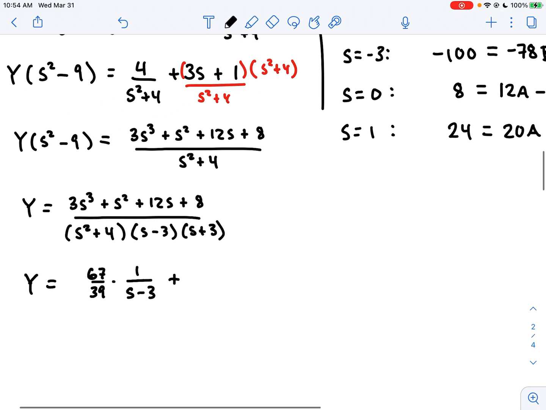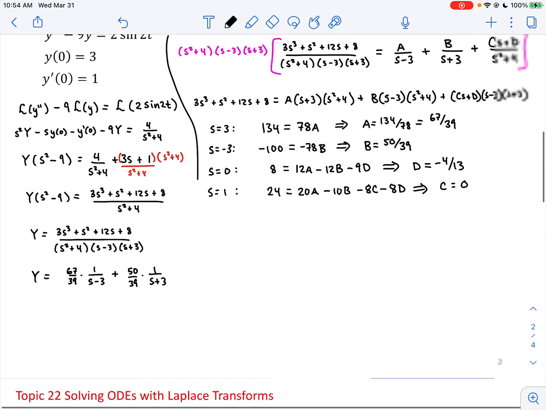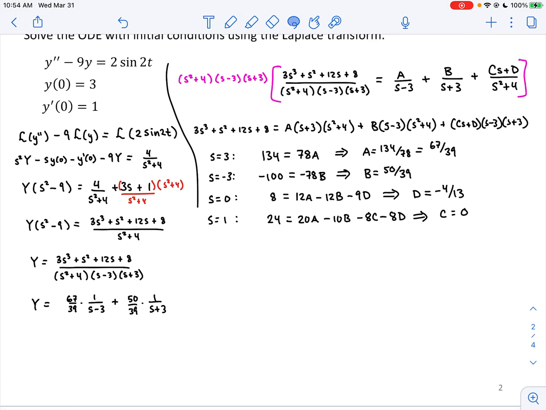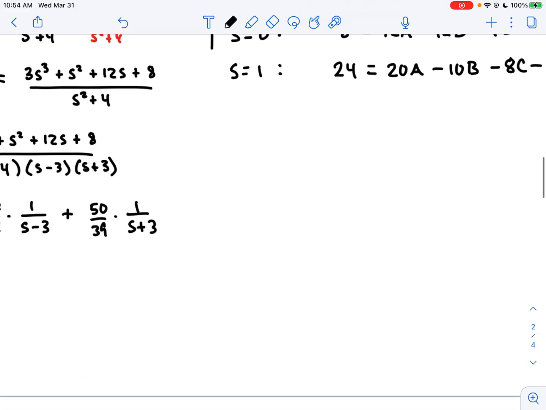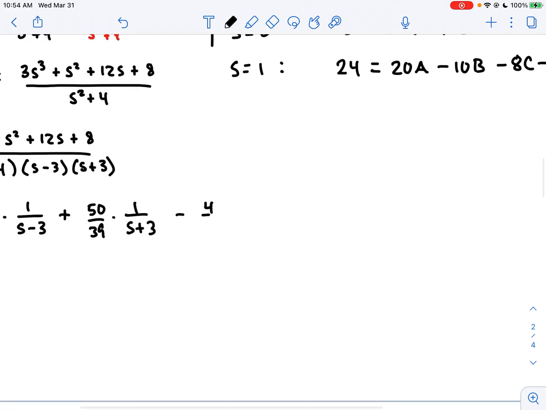And the b was positive 50/39. So 50/39 times 1 over s plus 3. And then we had a cs plus d over s squared plus 4. But c is 0, so we really just have to do the d over s squared plus 4. And d was negative 4/13. So we can just write this as minus 4/13 times 1 over s squared plus 4.